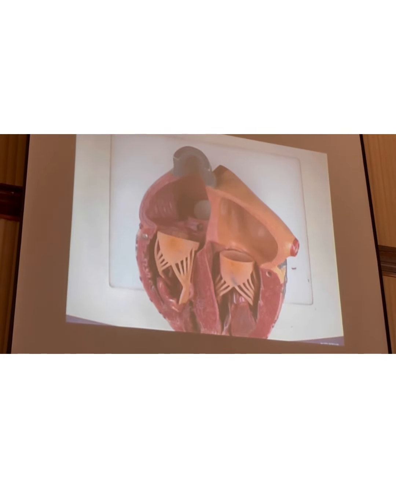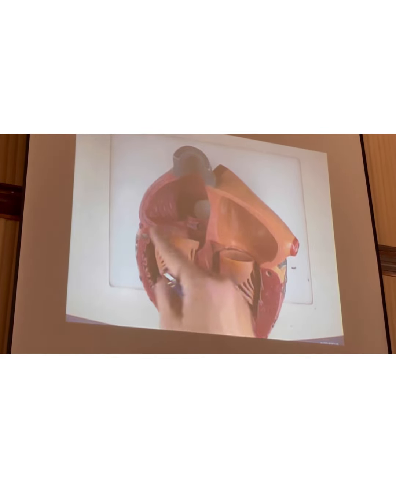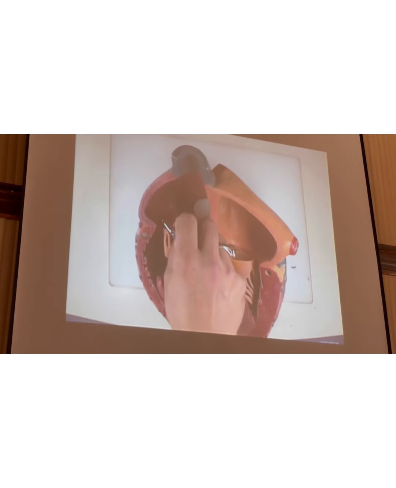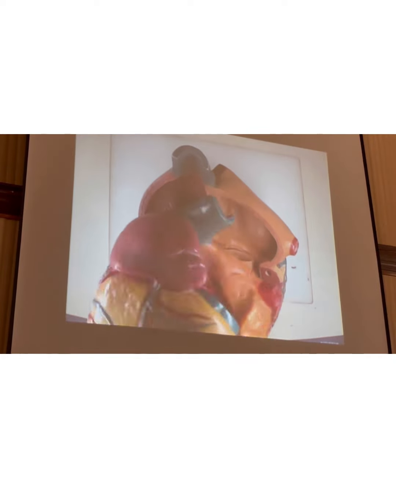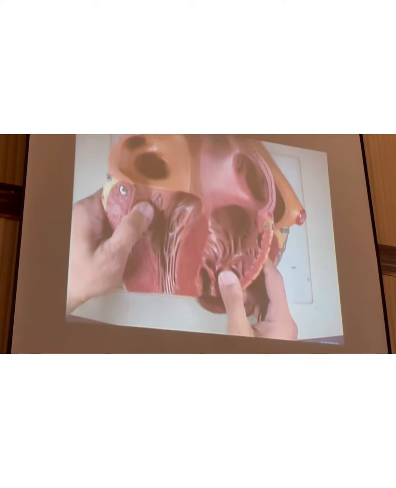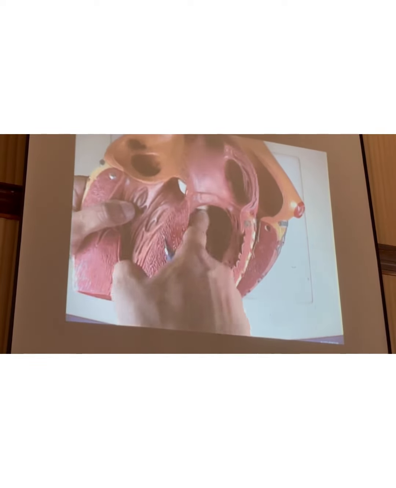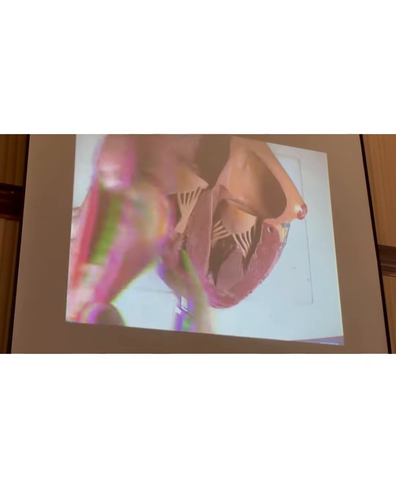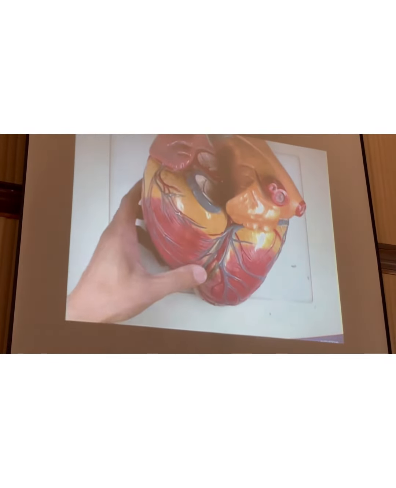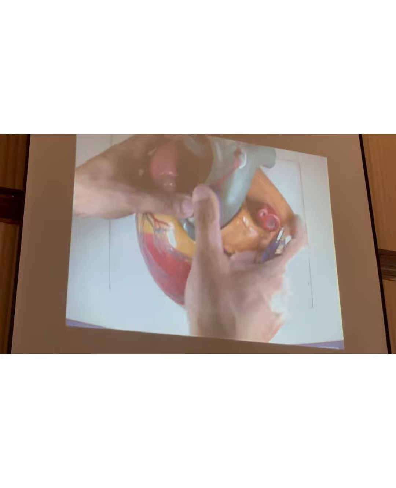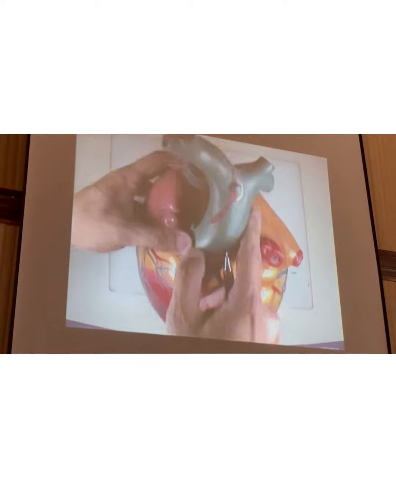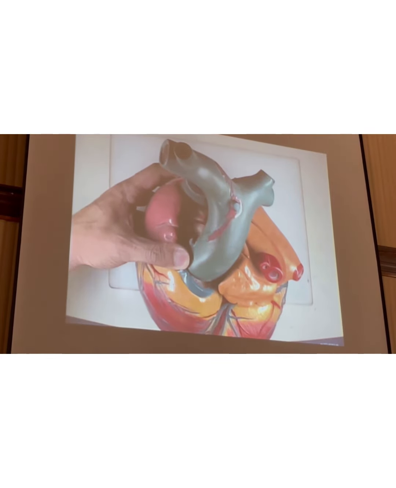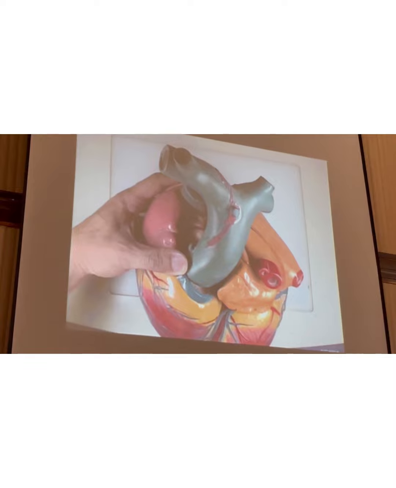Then during systole, during contraction of the heart, the atrioventricular orifice shuts, and the blood flows through the anterior part of the right ventricle into the pulmonary trunk, and through the right and left pulmonary arteries to the pulmonary circulation, the lungs.